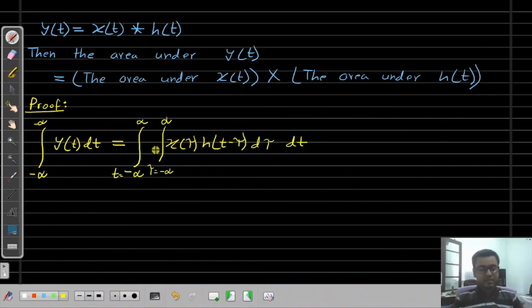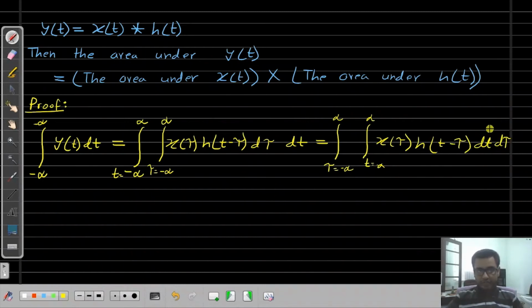Now let us swap the order of integration. Let us first integrate over t from minus infinity to infinity, x(tau) h(t minus tau) dt, then d tau.